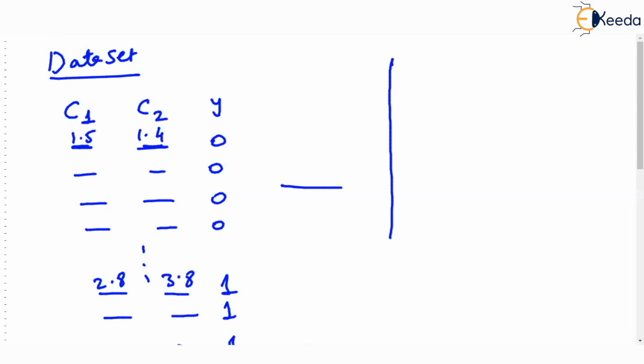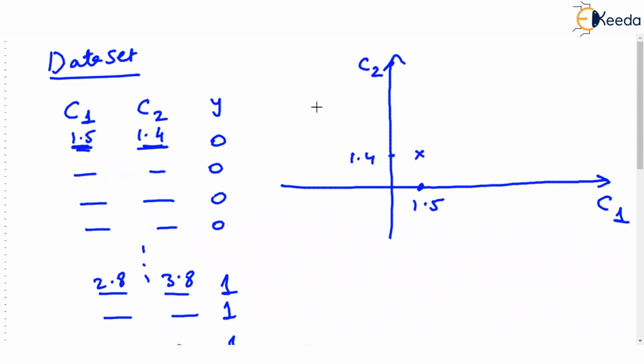Now, if I call the x-axis C1 and the y-axis C2, then C1 is 1.5 somewhere here, and C2 is 1.4 somewhere here. So this point can be plotted here. See, if I had 4 dimensions, C1, C2, C3, C4, how could I draw them?